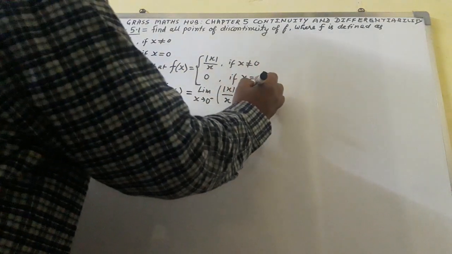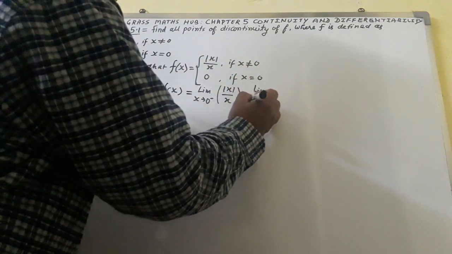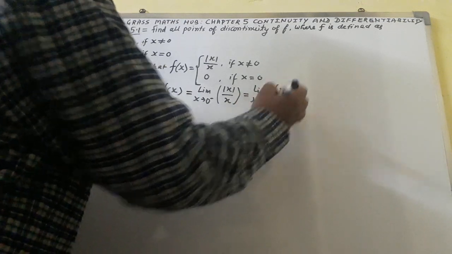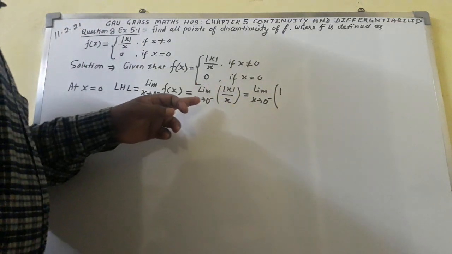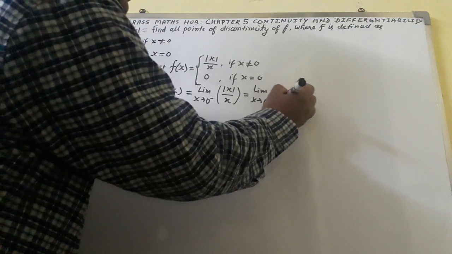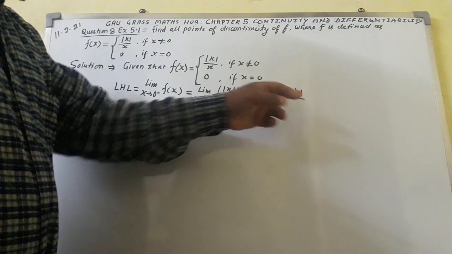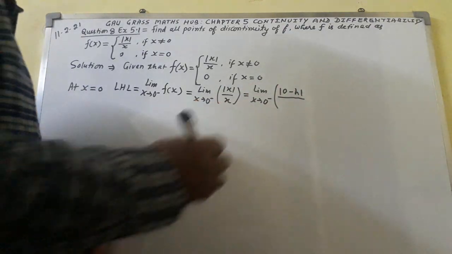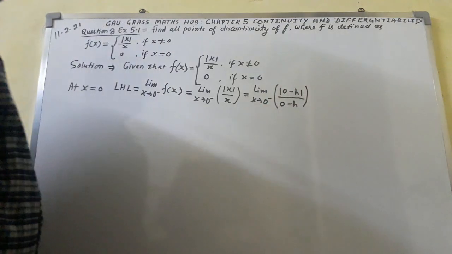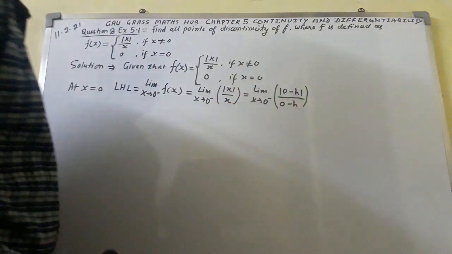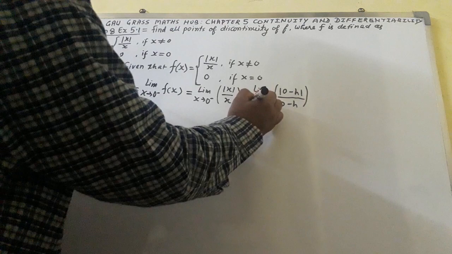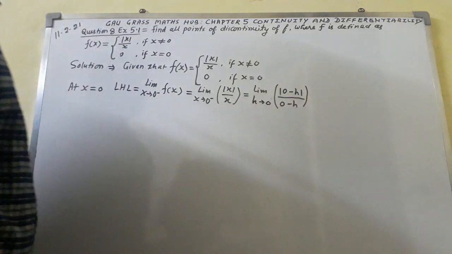So equal to the limit as x tends to 0 negative of mod x over x, where in place of x I should write 0 minus h. Here it will become h tends to 0.